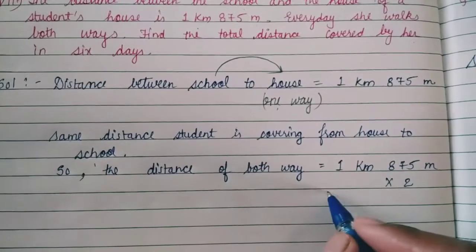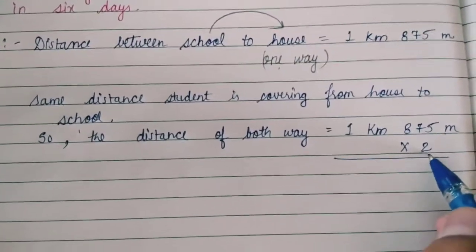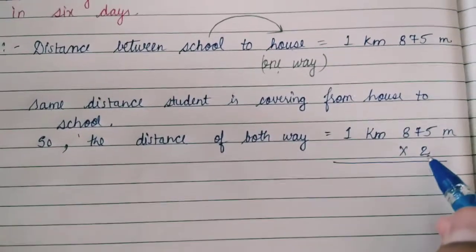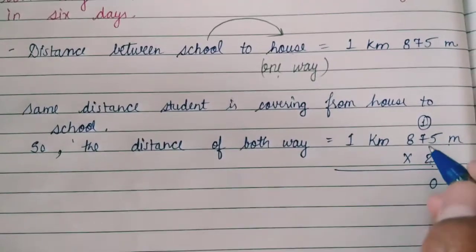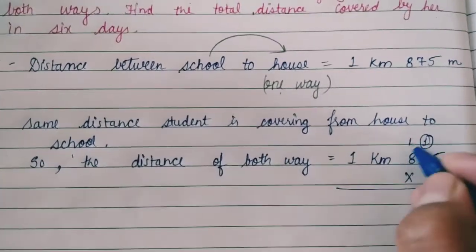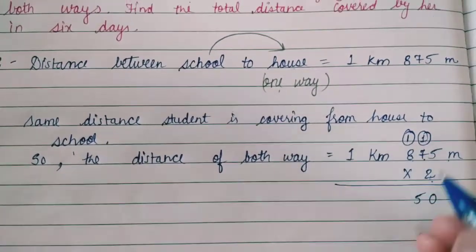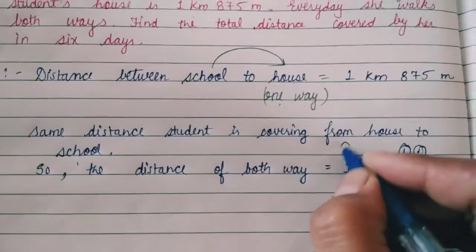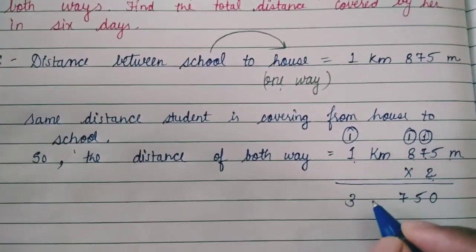So what will we get? 2 5s are 10, 1 on the carry, 2 7s are 14 plus 1 is 15, 1 on the carry, 2 8s are 16 plus 1 is 17, 1 on the carry, and 2 1 is 2 plus 1 is 3.